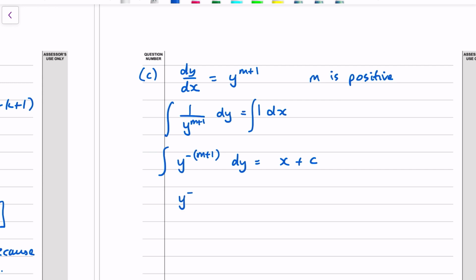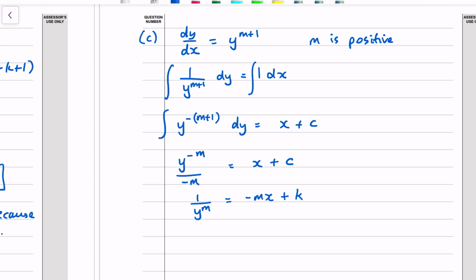We've got y to the negative m minus 1, be careful with that, plus 1 will just give you y to the negative m divided by negative m equals x plus c, and I can multiply both sides by negative m, and I've got 1 over y to the m equals negative mx plus or minus mc, which we can just call another constant k.